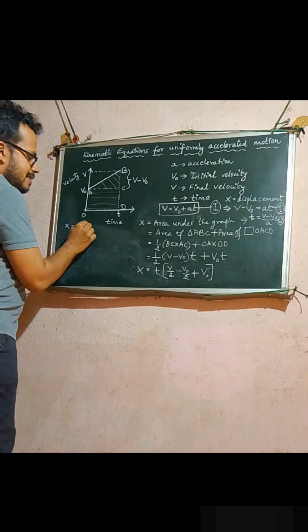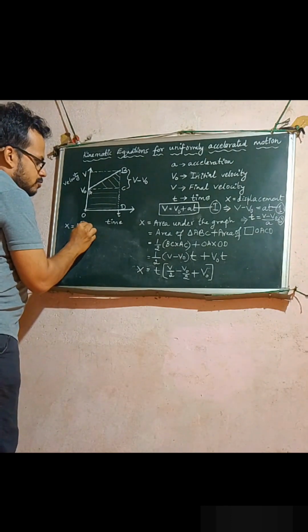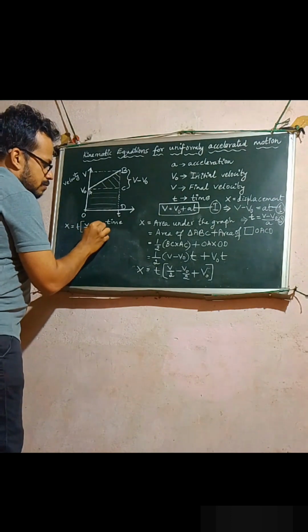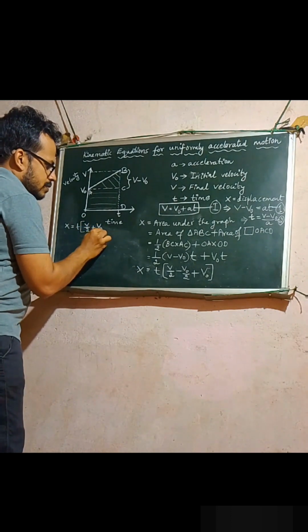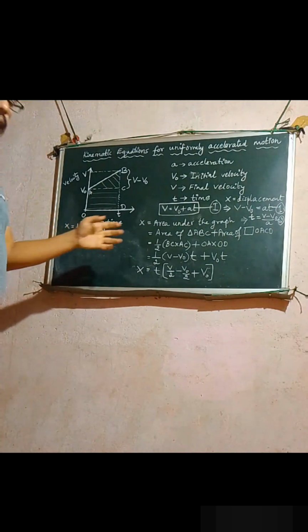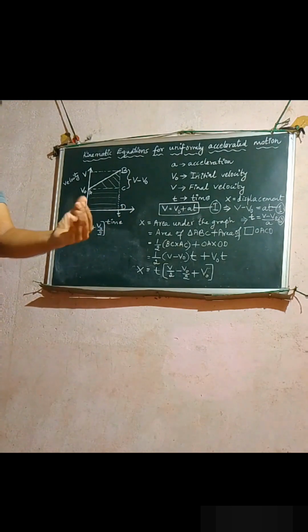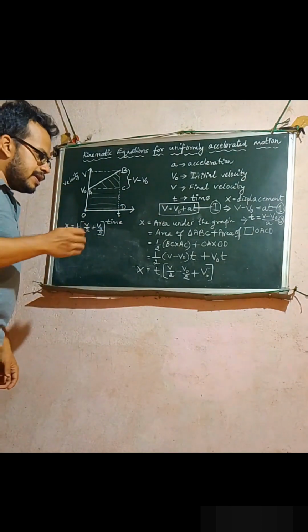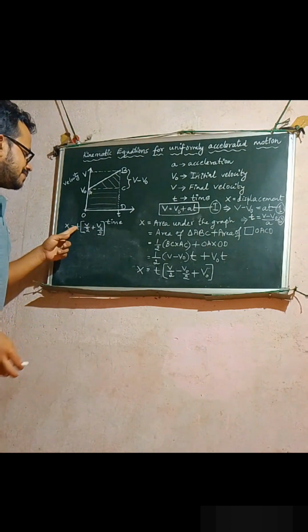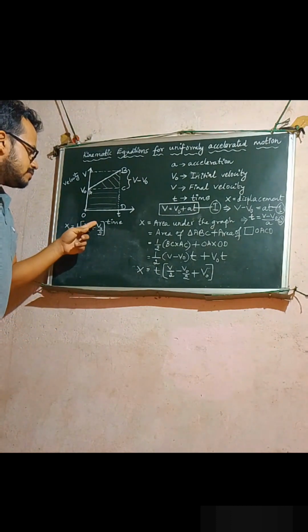So what we'll get is v by 2 plus v naught by 2. You understood, I hope. Just look at it again. You can understand. So we are getting x equal to t into (v by 2 plus v naught by 2).